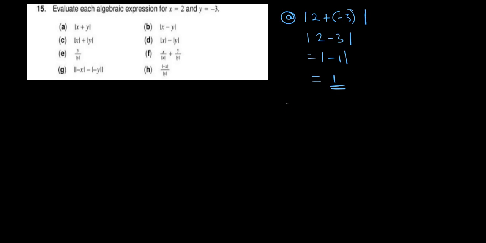So absolutes are there to protect a number that has a negative inside to be a positive. All right, so for B, we know the value for x and y, so we are just substituting. So x is 2 minus 3, like that, right, minus again y, y is -3, like that.